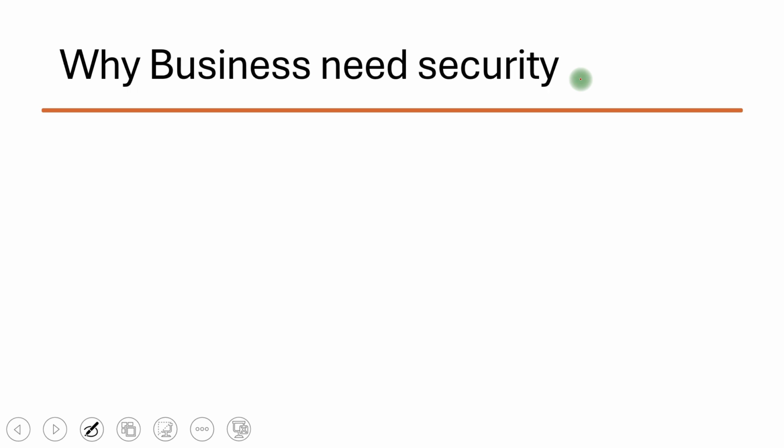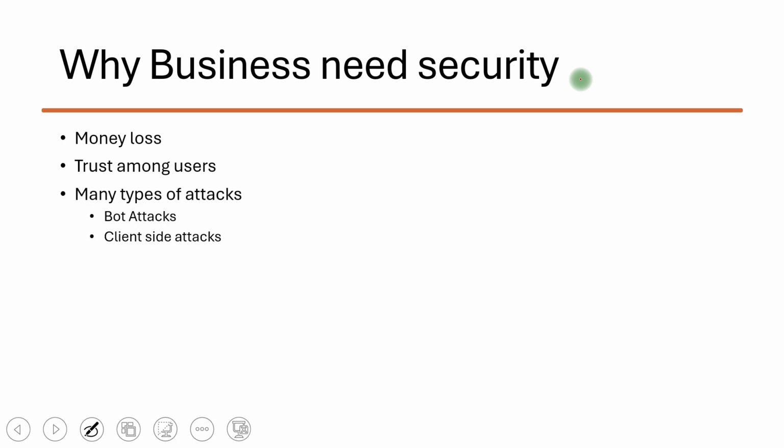The last point we want to cover is why business needs security. In a way, we all understand why. If the company is not protecting customer data, it is a huge loss of trust among users, which in turn translates to money loss. Many types of attacks are out there.